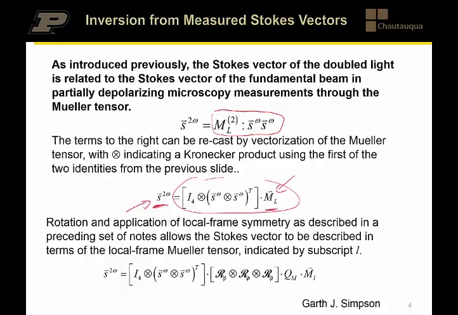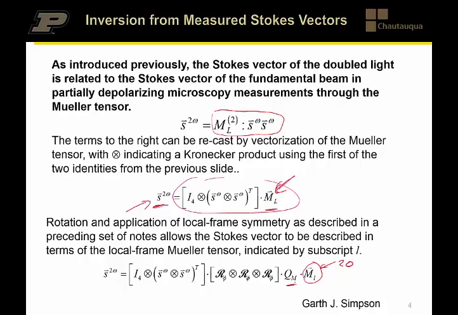Right now, this is just to provide an overview of how vectorization works in general. So for the rotation operation, this is just another example of how we can use vectorization to simplify and reduce the number of elements inside the Mueller tensor. If we know that we have a smaller subset based on the discussion of symmetry in one of the preceding talks, then in the case of uniaxial symmetry, there might only be 20 elements in the local frame Mueller tensor.